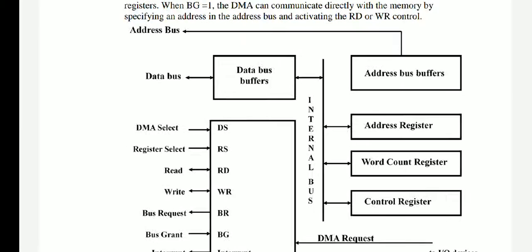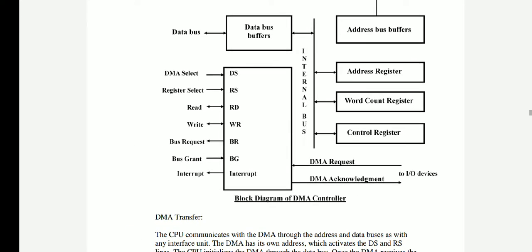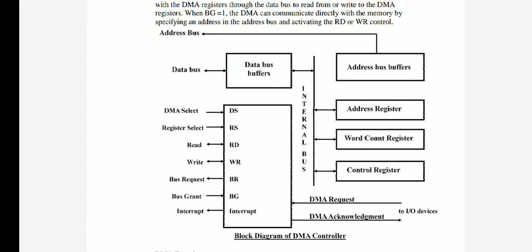This is the block diagram of the DMA controller. Data buffers are used for buffering of the data. The signals include DMA select, register select, read, write, bus request, bus grant and interrupt. The DMA sends the request to send the data.